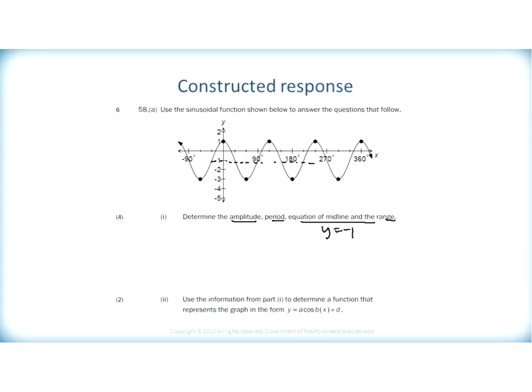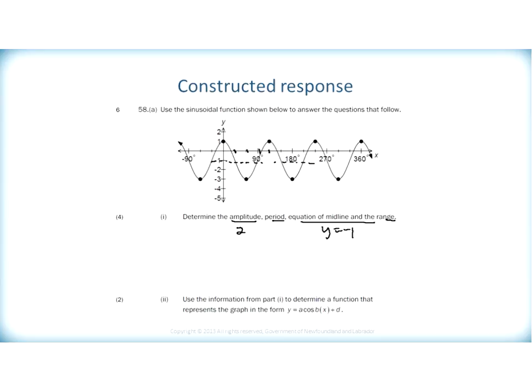Now to find our amplitude, it's the distance from the midline to the maximum or the midline to the minimum, which is going to be 1, 2. So our amplitude is 2. Our period is how long it takes to go from maximum to maximum. And we have here, we're going up by 30, so this is 30, 60, 90, 120.